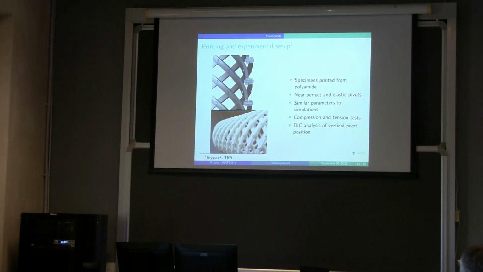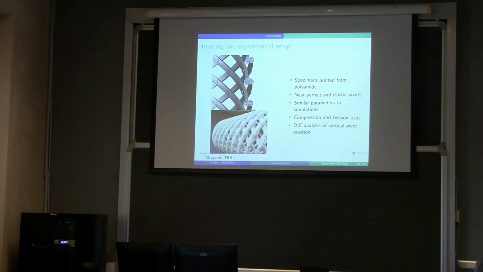The experiments were performed in Warsaw. They used specimens printed from polyamide. They had near perfect pivots. We cannot really judge how perfect they were. That's still to be seen. But they also used elastic pivots with very similar parameters to the simulations.